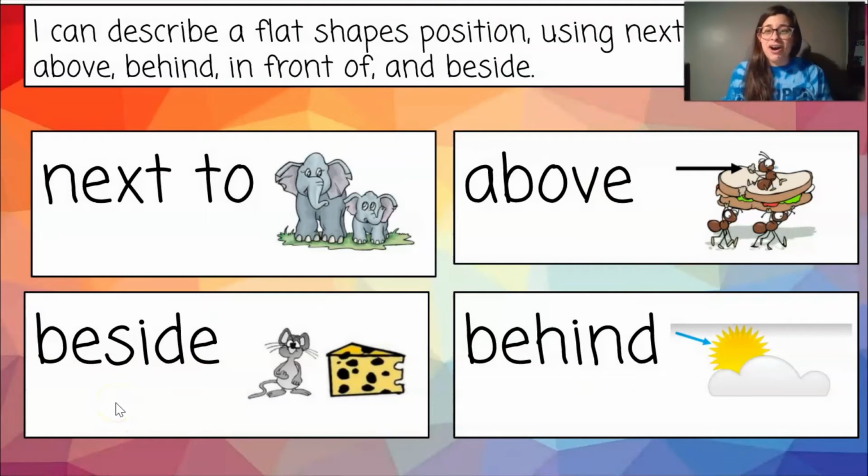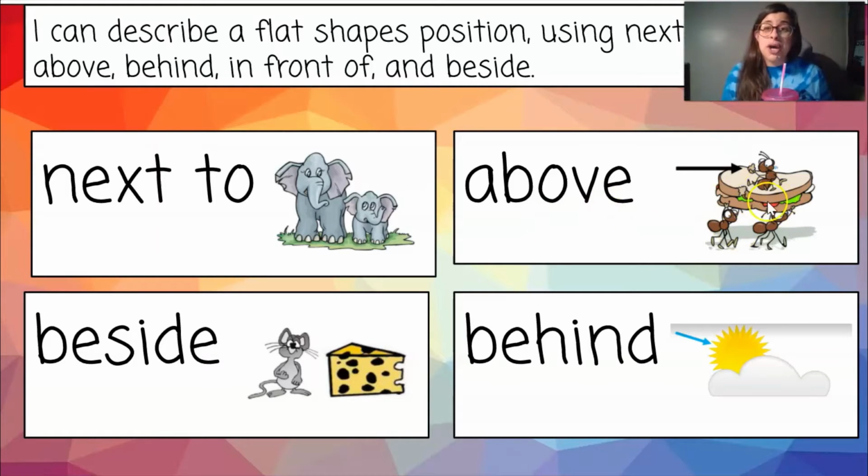So let's look at our position words before we dive in to positioning the shapes. We're going to be looking at the position word next to. I have my cup and I have my phone. My cup and my phone are next to each other.